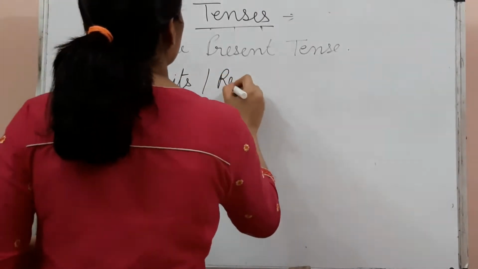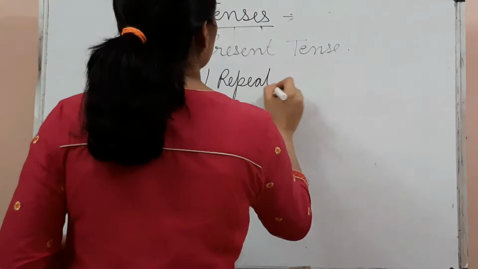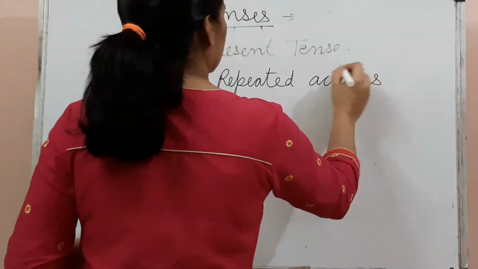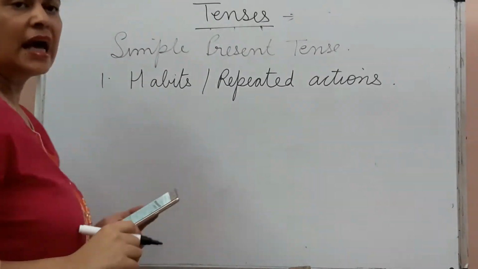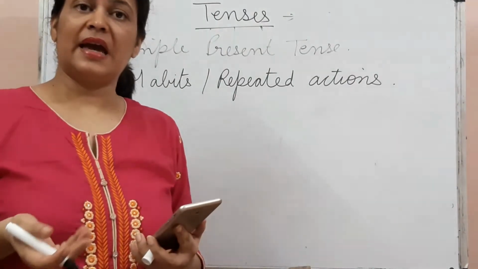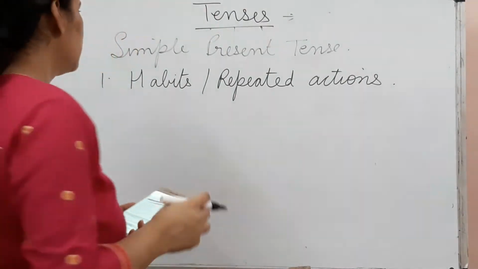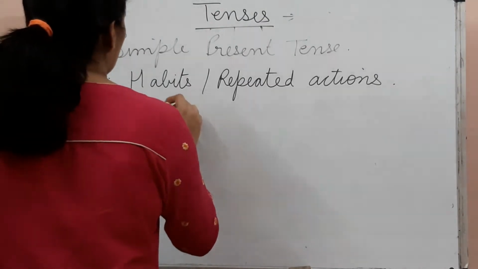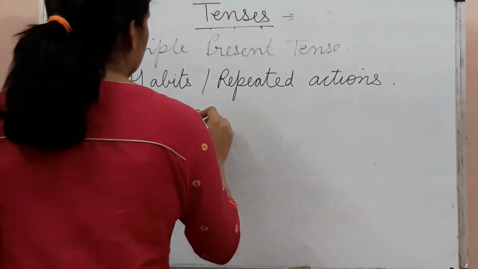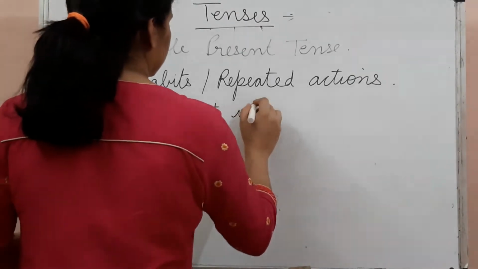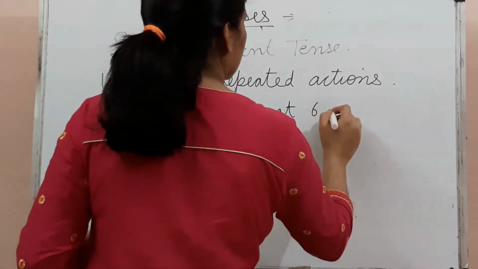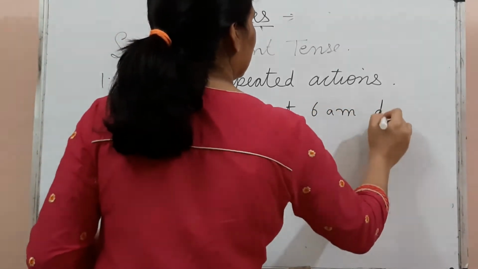Or repeated actions. Okay. So what is it? I get up at 6 in the morning. So this is your habit, or here this is regularly what you do. So I get up at 6 a.m. daily.